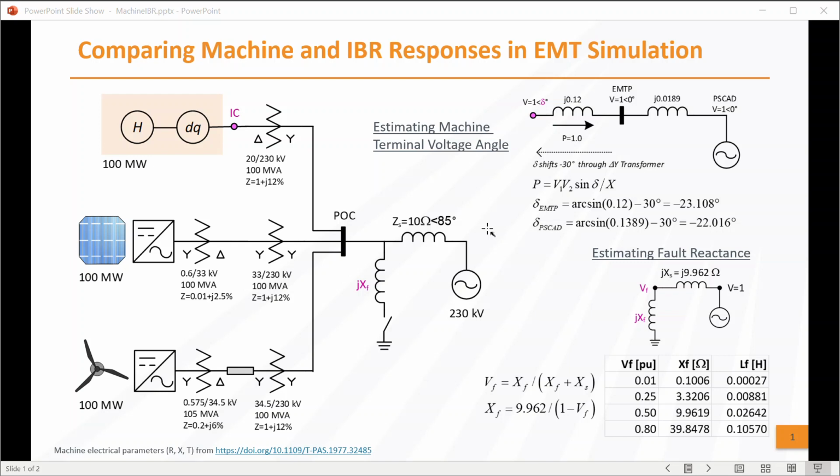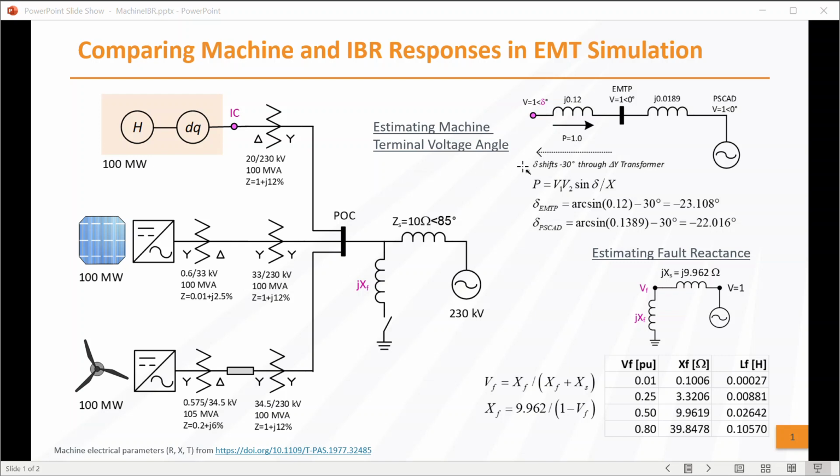A couple things we want to illustrate here, especially for the synchronous machine. We would like to initialize its load flow to match 100 megawatt power export. So in magenta, I've indicated the terminal bus of the machine where we would like to have 1 per unit voltage and 100 megawatts export.